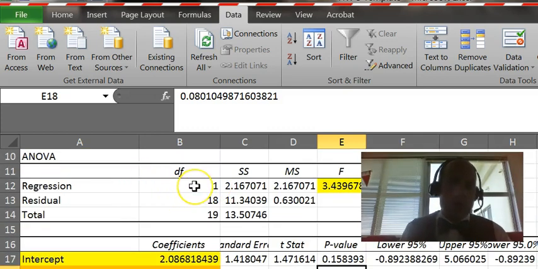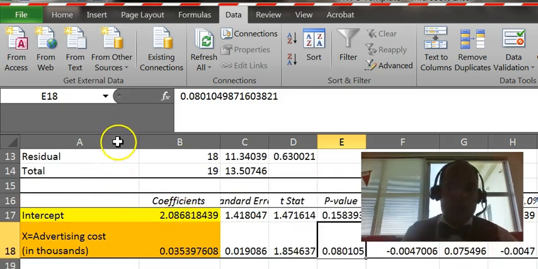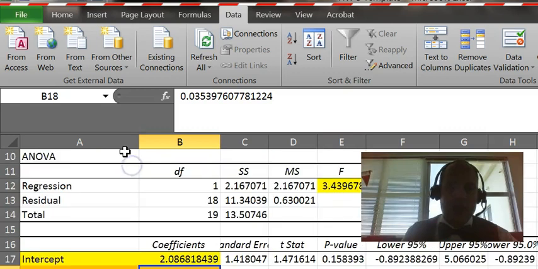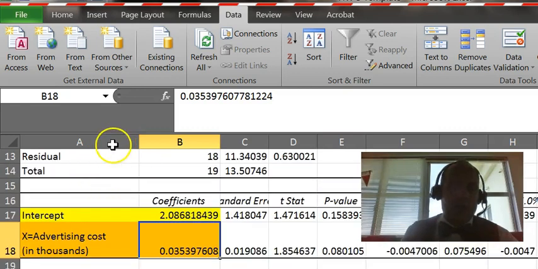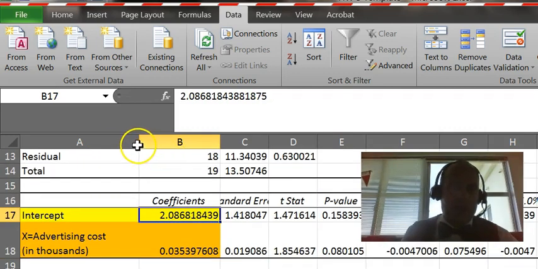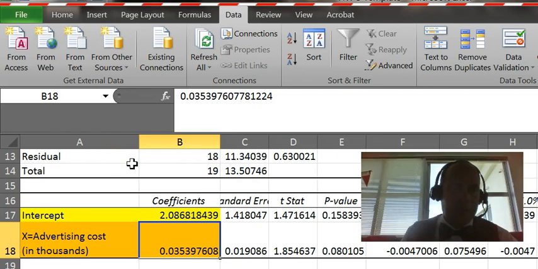However, to understand the regression analysis is to understand the regression equation, which is predicted y value equals the intercept plus your slope times some predicted x value. So you can get all this information directly from the table that's given to you. So we know that our intercept is 2.086. We know that our slope is 0.035.